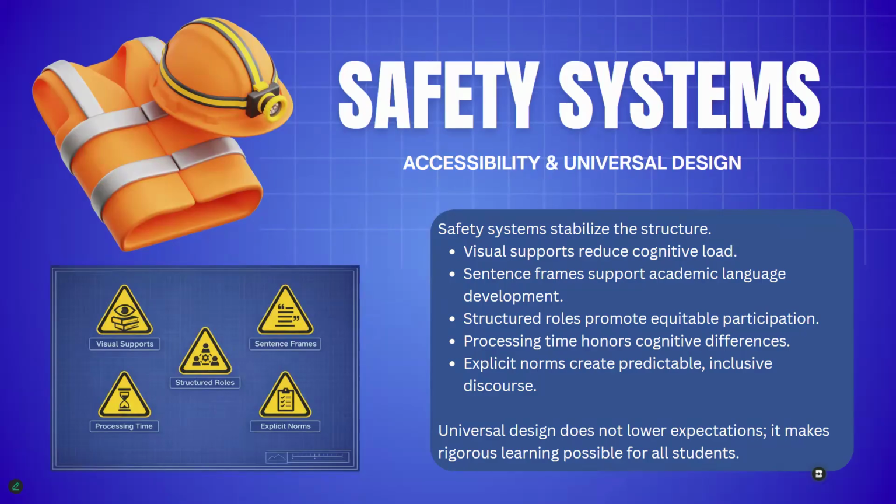So a well-designed classroom must also be accessible to all learners. We need visual supports that reduce cognitive load, sentence frames that scaffold academic language, structured roles that promote equitable participation, processing time that respects cognitive diversity, and explicit norms that create predictable, inclusive discourse.